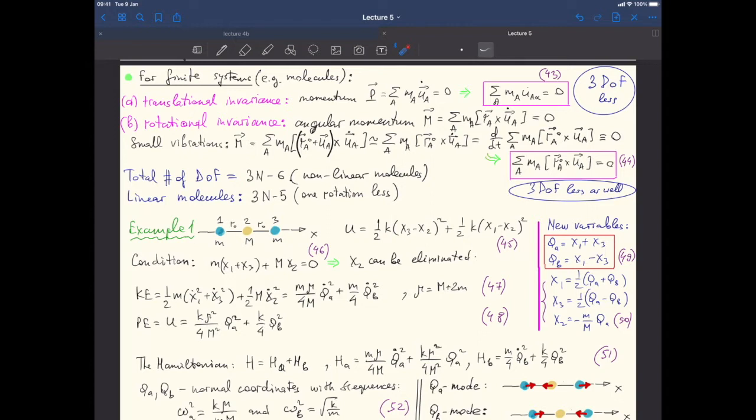So in that case, we replace the atomic position Ra with a vector for the atom A, which will be given by this. Ra naught is the position of that atom at equilibrium, at the minimum of the potential energy surface, and UA is a displacement. Because UA is small, we can neglect here the product of UA and UA dot and approximately write the total angular momentum as shown here.